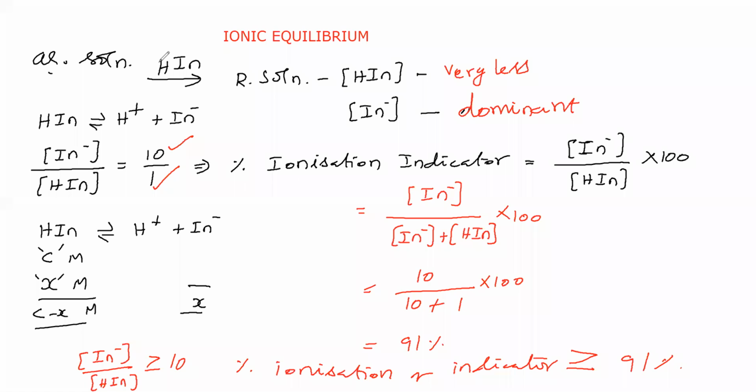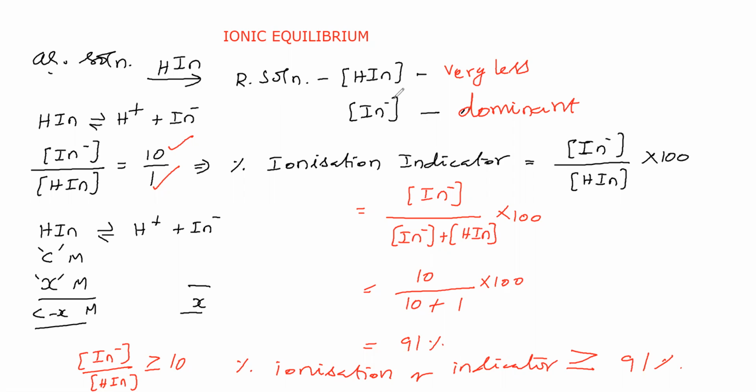In the resultant solution, this indicator will have an equilibrium. Take the IN minus concentration and HIN concentration at equilibrium and substitute here, and you will get a ratio like this. If you get a ratio like this, then in the resultant solution the concentration of IN minus is dominant, whereas the concentration of HIN is very less. Since the concentration of IN minus is dominant, the resultant solution will have the IN minus color.